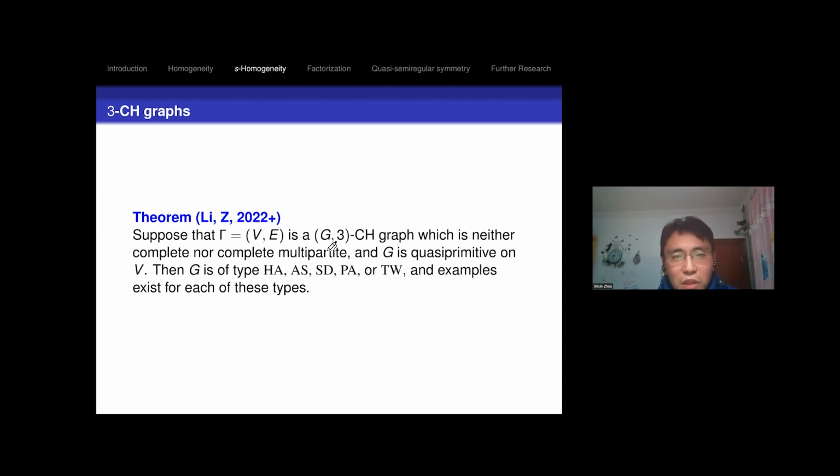But for the G3CH case, we have this type. But for this type, actually we only have 4 graphs. This is some result about 3-connected homogeneous graphs.